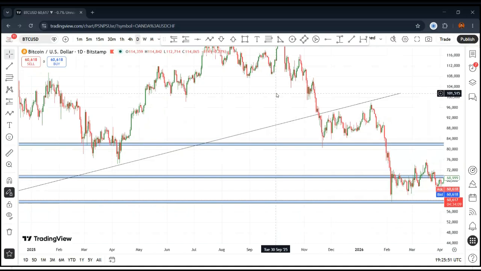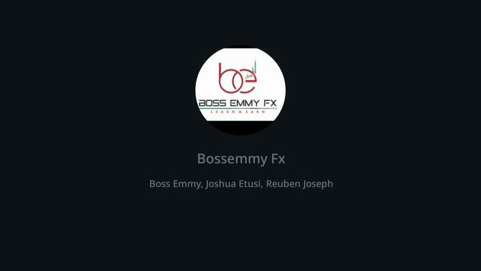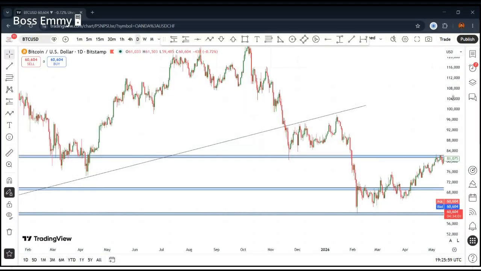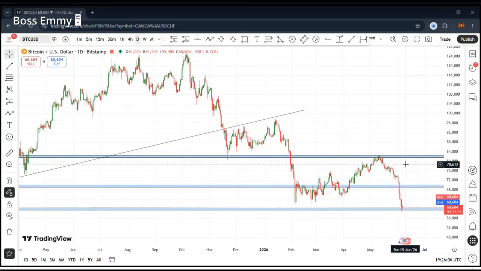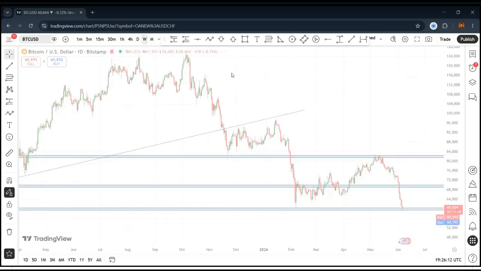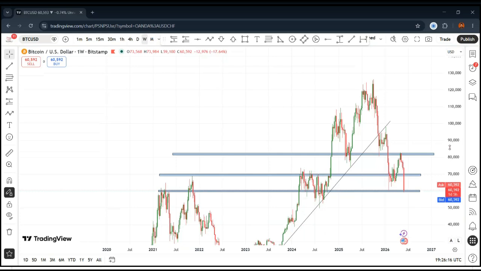So on the daily time frame, you can see the picture of the market, what the market is currently showing us. The market is currently showing us a chart of 2025 to date. However, on the weekly time frame, we saw the market showing us a chart of years, I think since 2020 to date.